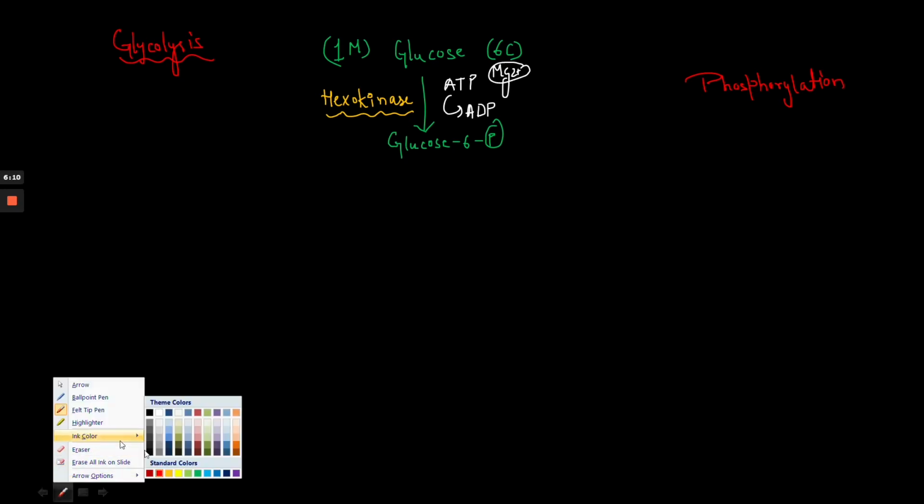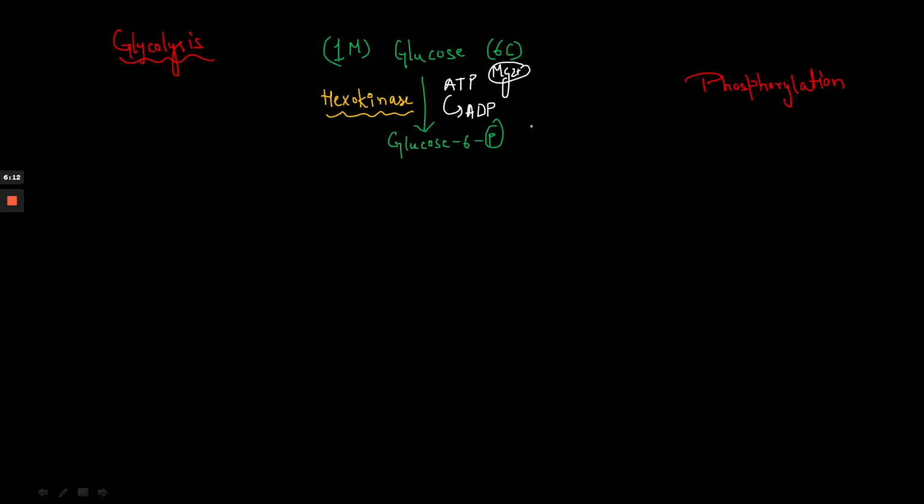Now glucose 6-phosphate is also a 6 carbon compound, and since one molecule of glucose is getting converted here, we are getting one molecule of glucose 6-phosphate. Now the second step: this glucose 6-phosphate is going to get converted into one molecule of fructose 6-phosphate.